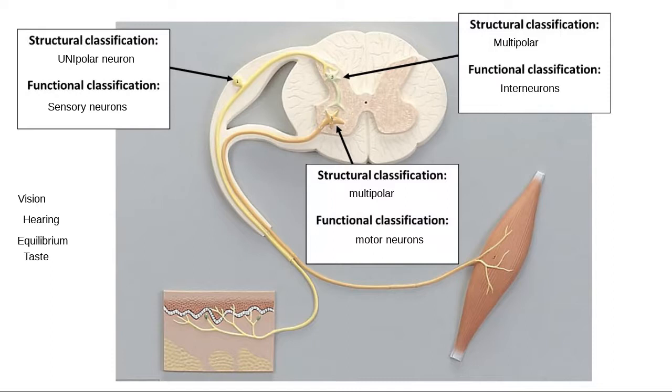This is a list over here of the 5 special senses. Special senses were the ones that used bipolar neurons. So all sensory neurons are unipolar unless they're a special sensory neuron. Then they would be bipolar.